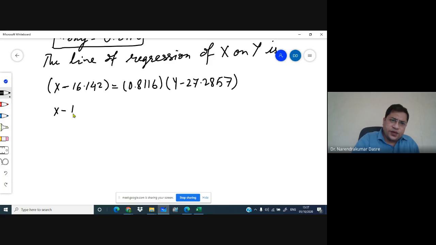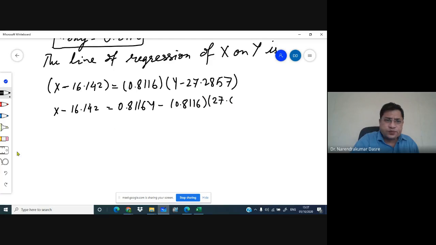So we got x minus 16.142 is equal to 0.8116y minus 0.8116 into 27.2857.